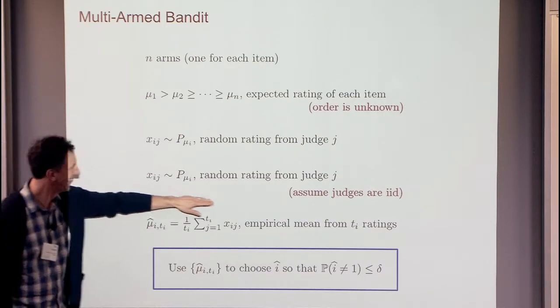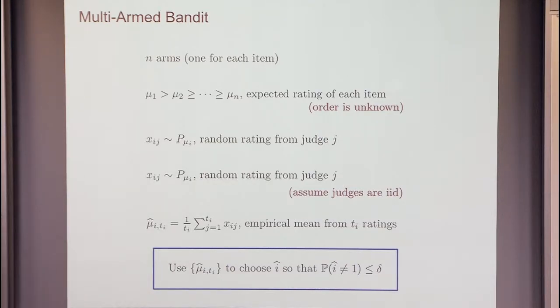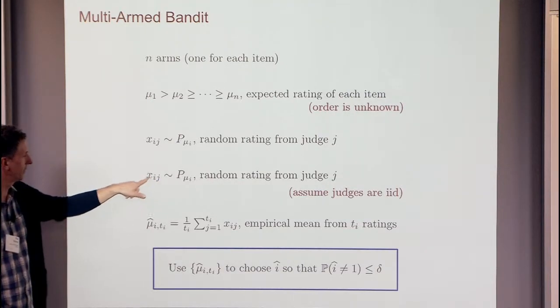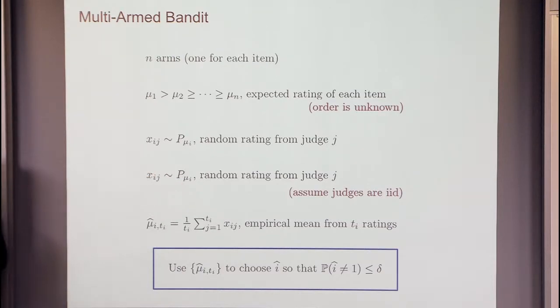At any rate, the judges we're going to assume are IID, so we're just getting IID samples, noisy versions of mu_i. So x_ij is a noisy sample from this distribution p_mu_i.